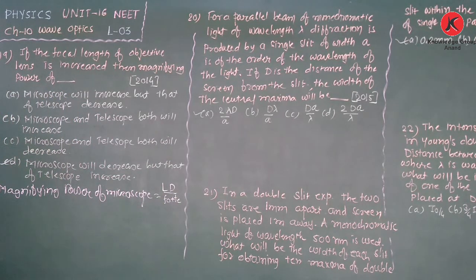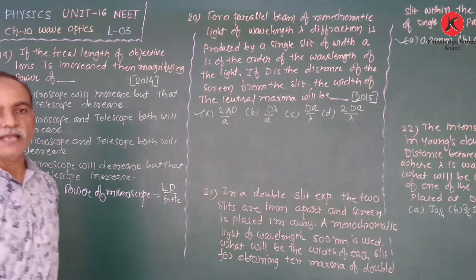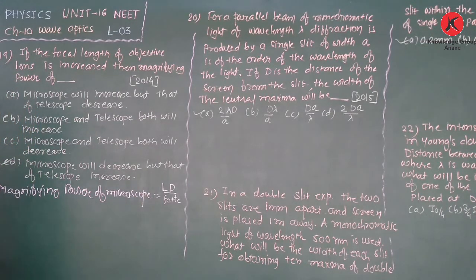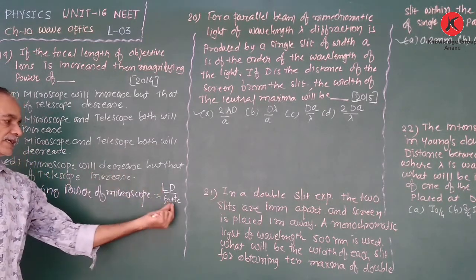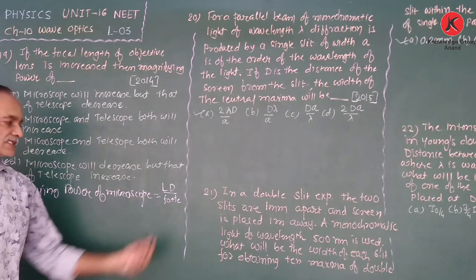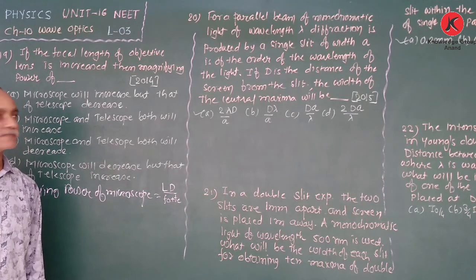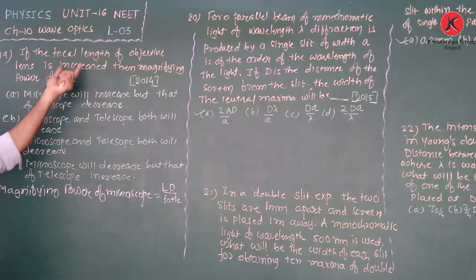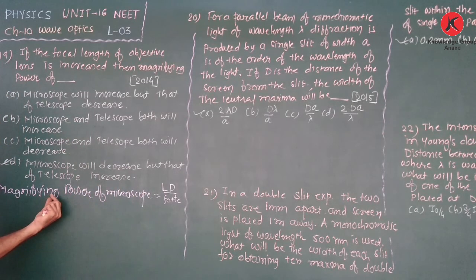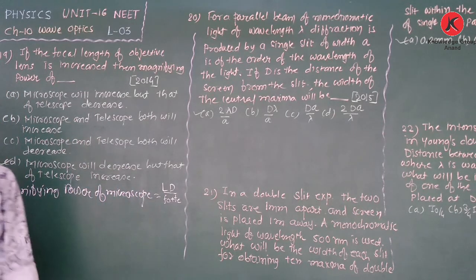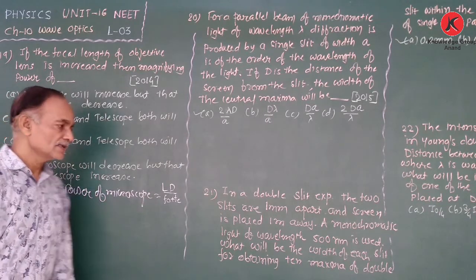D is the least distance of distinct vision, L is the tube length, that means the distance between the eyepiece and objective, FO is the focal length of the objective, and FE is the focal length of the eyepiece. Here the focal length of the objective FO increases. Therefore, from this equation we can say that the magnifying power of the microscope will decrease.